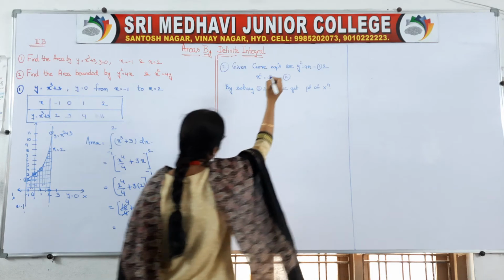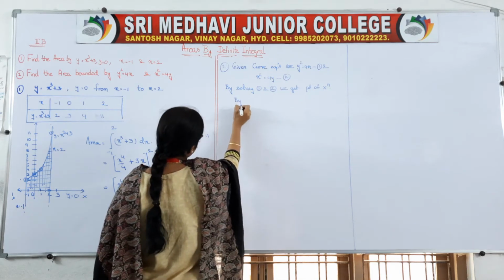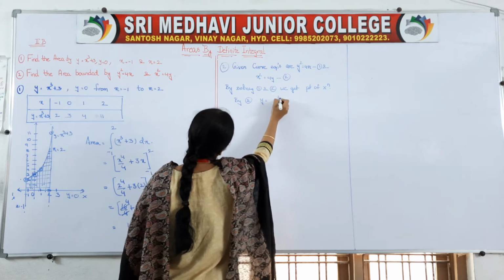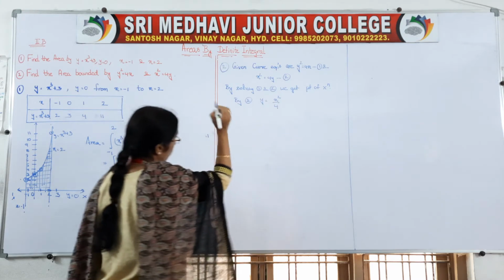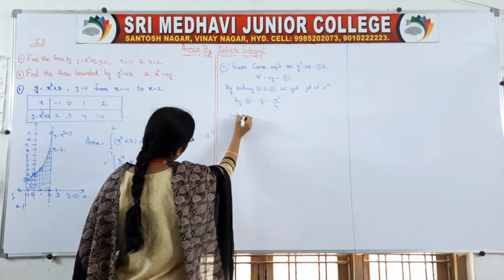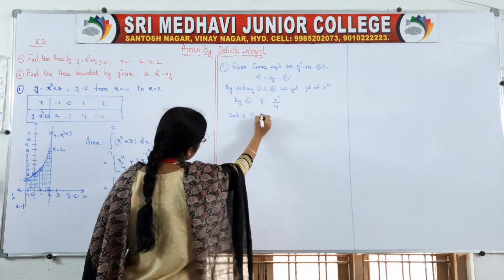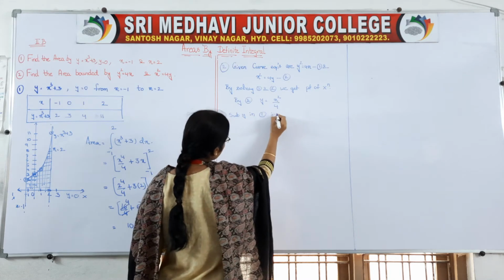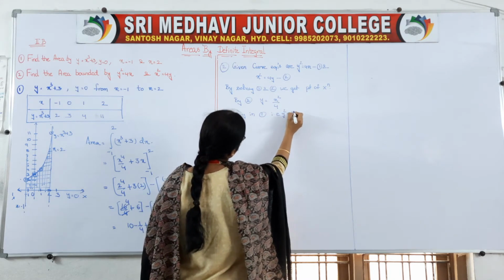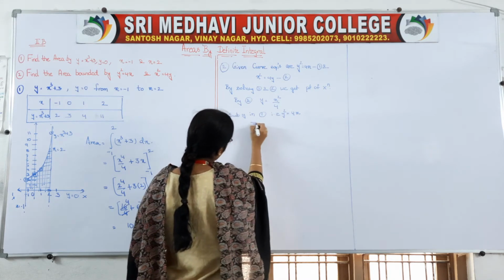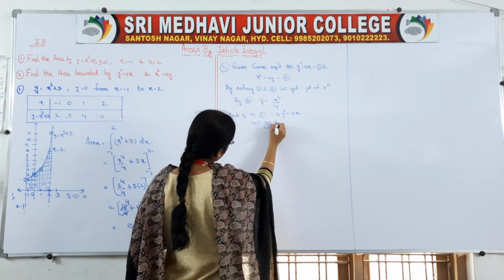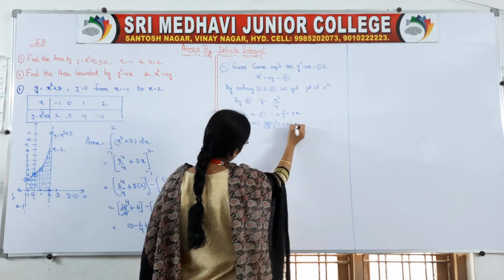So come on, by the second equation, what is our y? y is equal to x square by 4. Substitute y in the first equation. What is the first equation? That is y square is equal to 4x. So in place of y, x square by 4 whole square is equal to 4x.